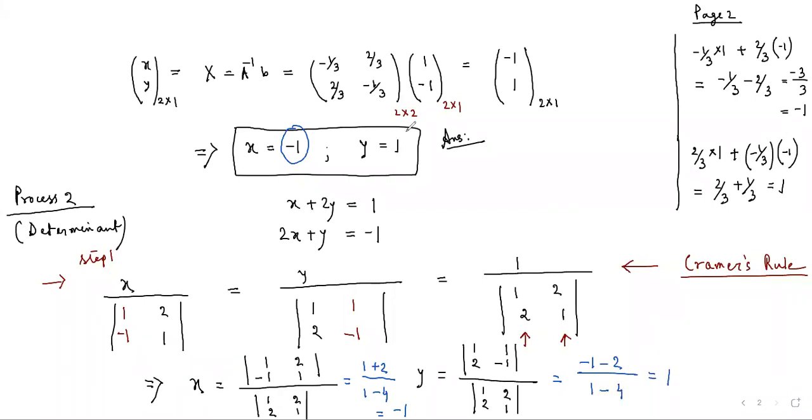So y is 1. Okay, so the same values can be found by using Cramer's rule also. So I have shown you the two methodologies by which this simple equation can be solved.